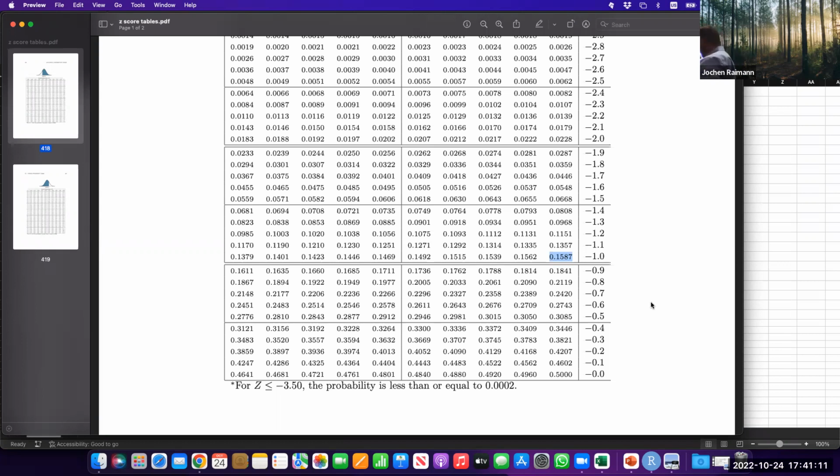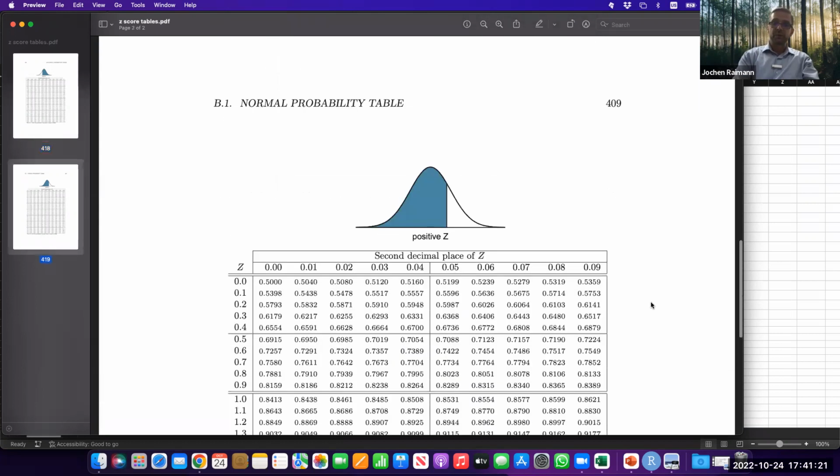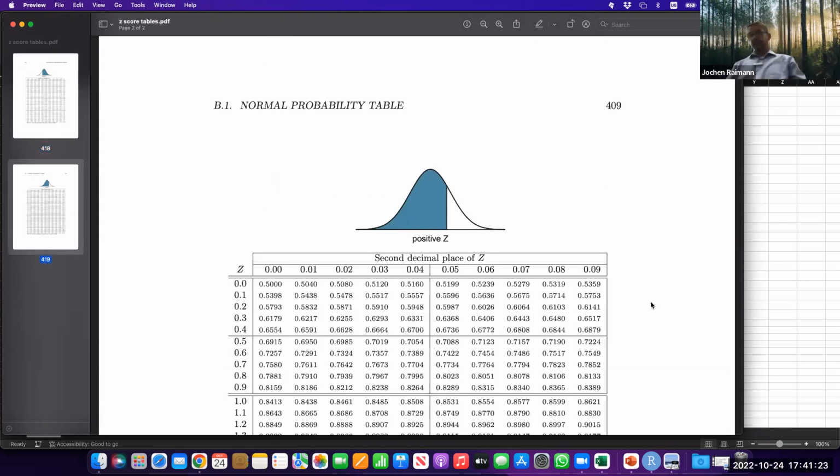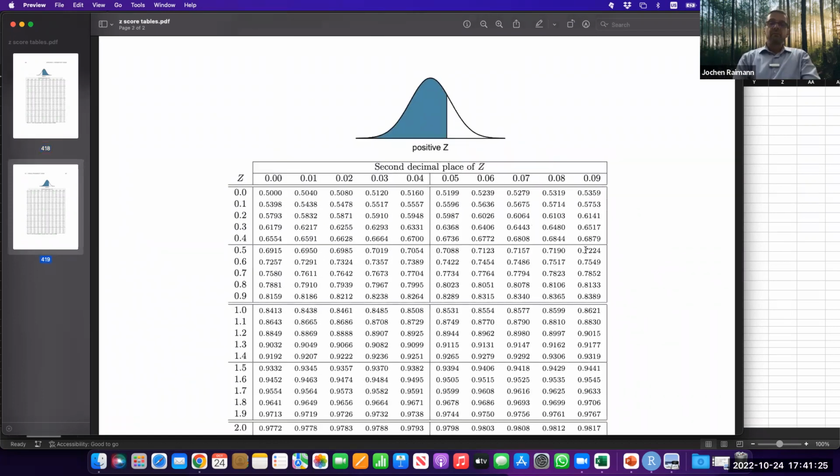So you basically just go one standard deviation away from the mean to the left. Less than that is 16% of your population. If you go to positive, and this is the second page of the PDF, if you go to +1, you have 84.13%. That's here.